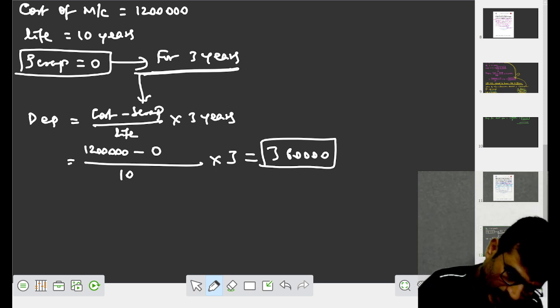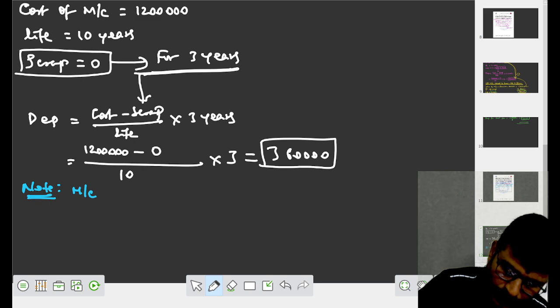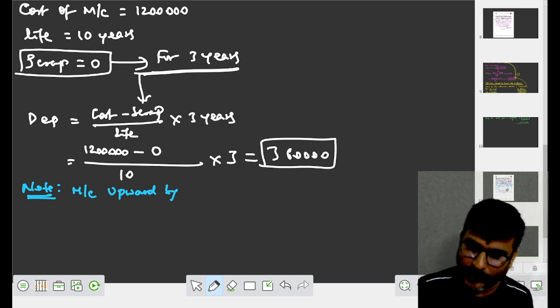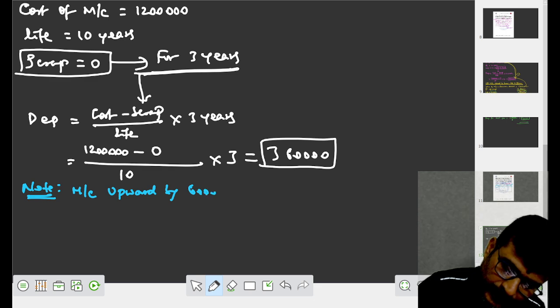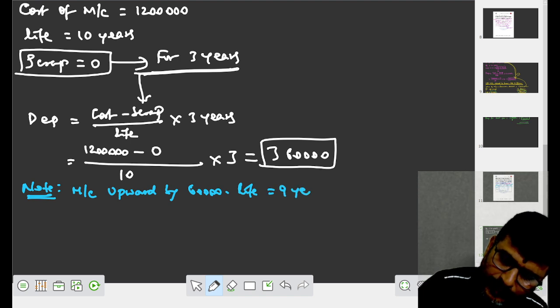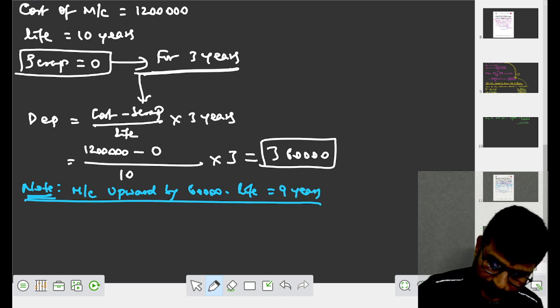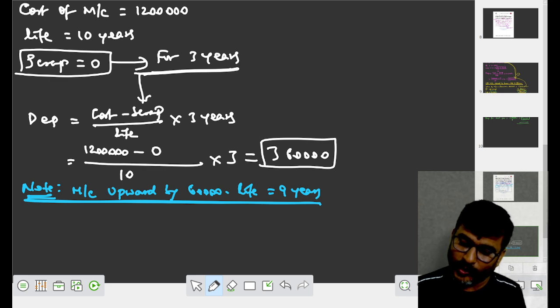Now let me write a note. Machinery upward by 60,000. Full stop. Life is 9 years. Shall we move on to the answer?